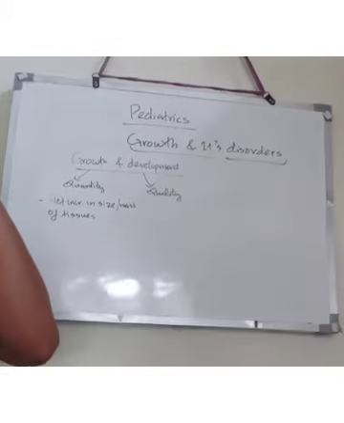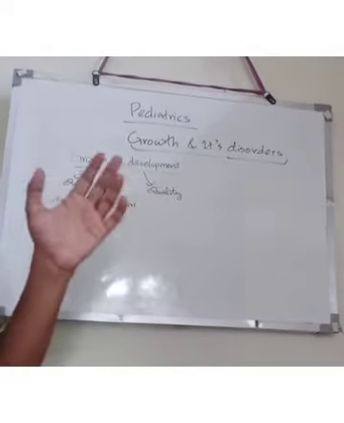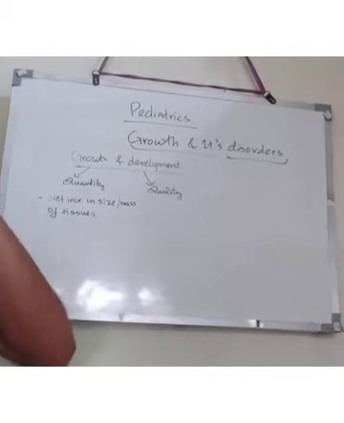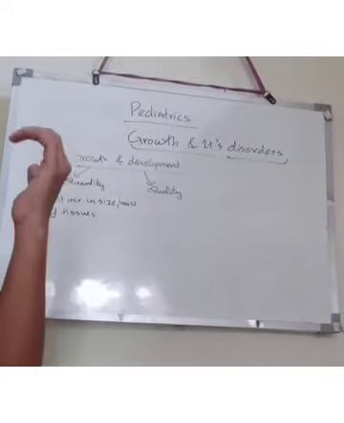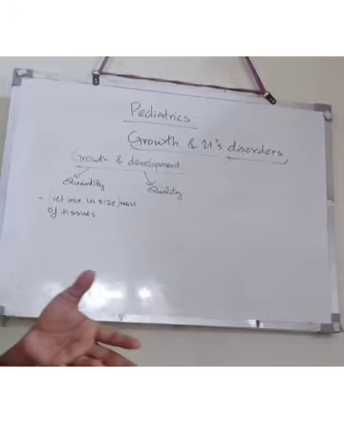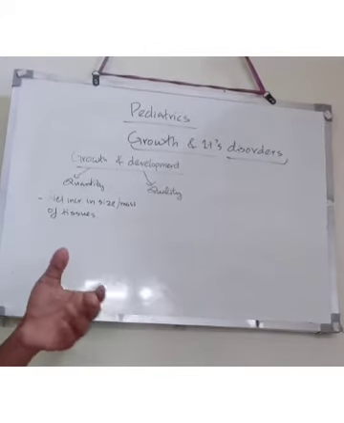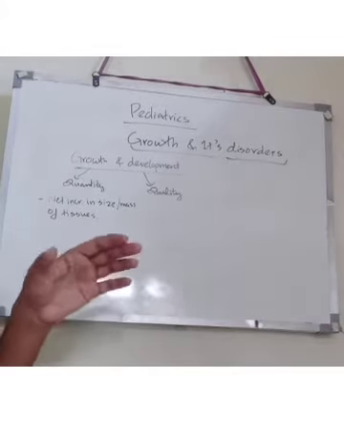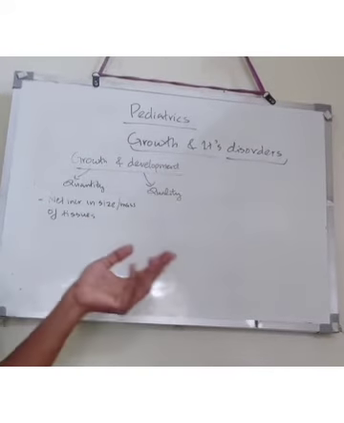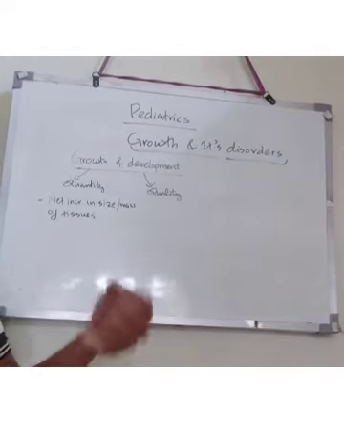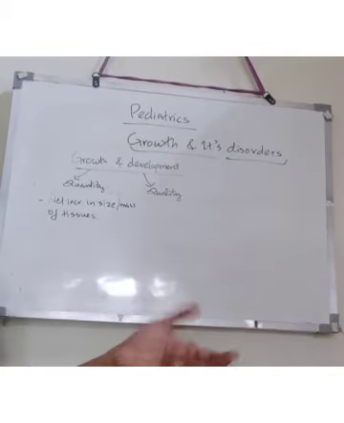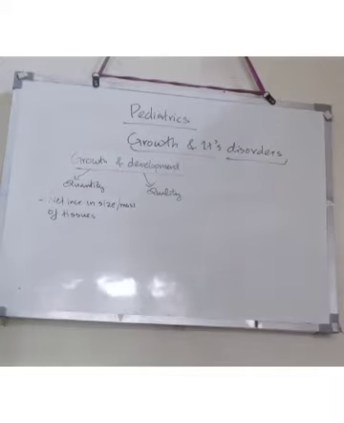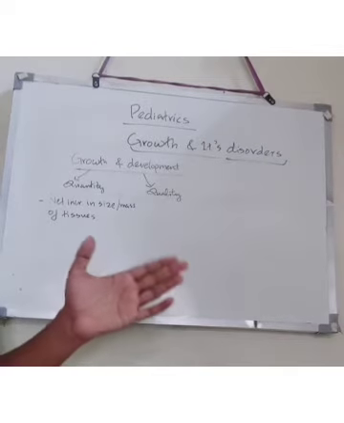The process of growth starts from the time of conception and continues until the child grows into a fully mature adult. So that is the time period of growth.